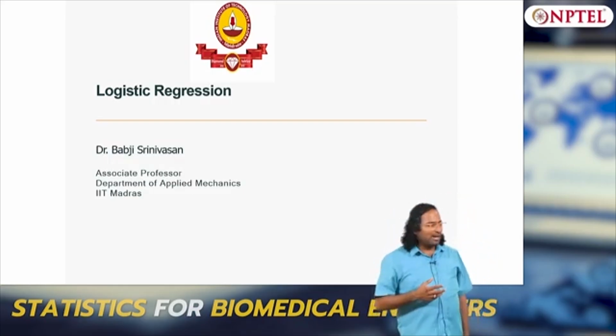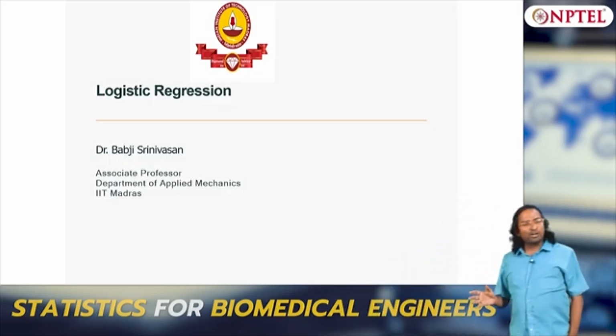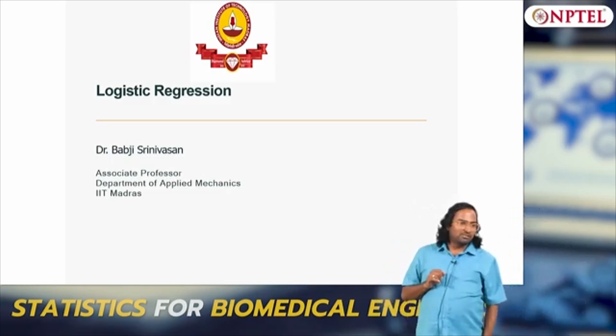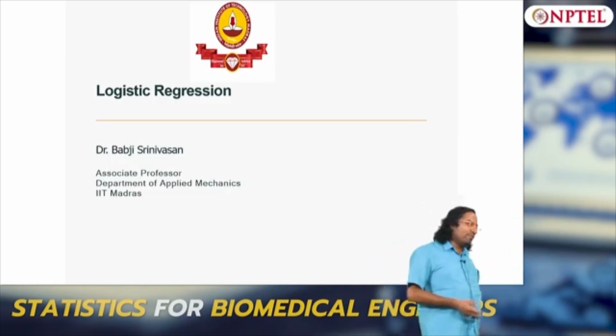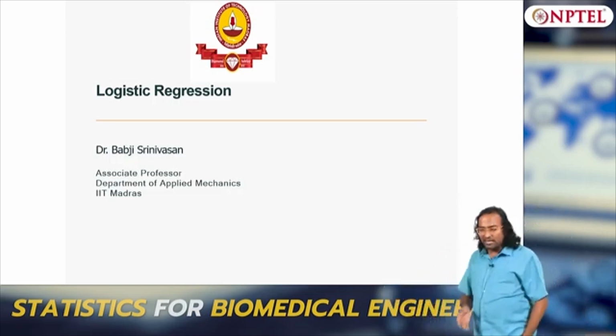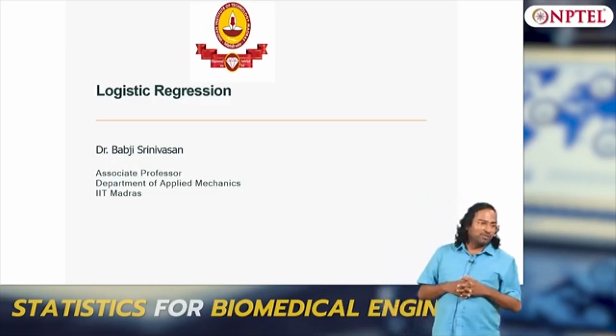Remember, when we did hypothesis testing, we did two things: one is for continuous variables, the other is for proportions, right. So in ANOVA we modeled continuous variables, and linear regression is a formal way to build a model for continuous variables.